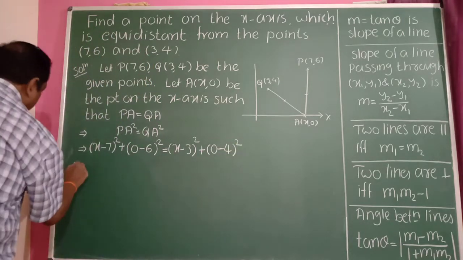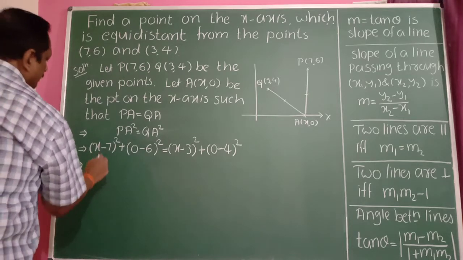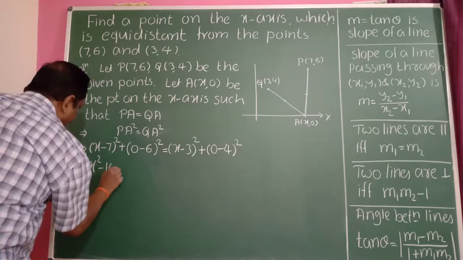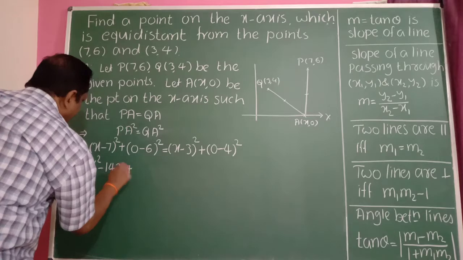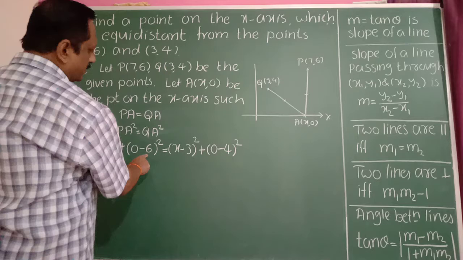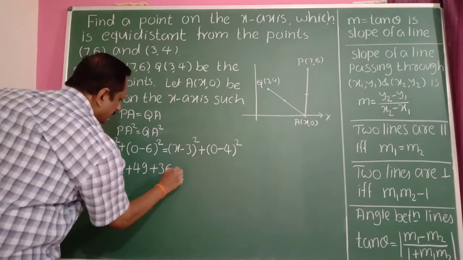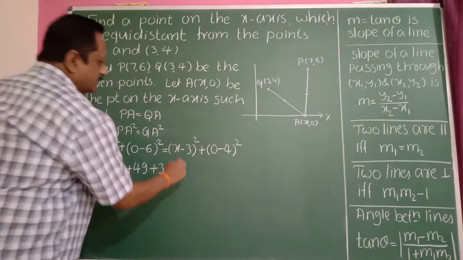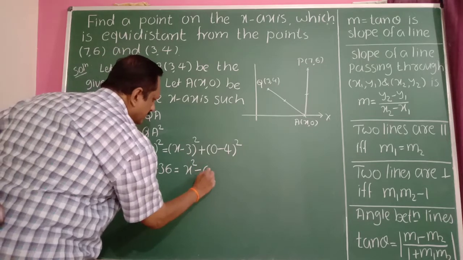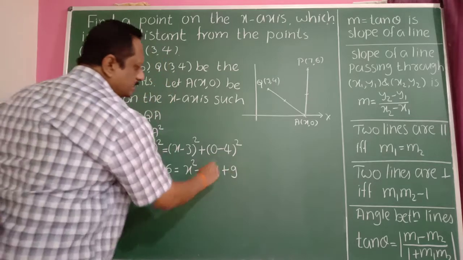Then this implies, use your (a minus b) whole square formula. (x minus 7) whole square is x square minus 14x plus 49, plus 36, since minus 6 square is 36. Then this is equal to (x minus 3) whole square, which is x square minus 6x plus 9, plus 16, since 4 square is 16.